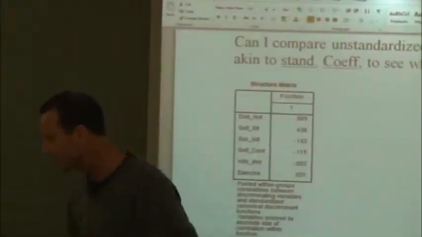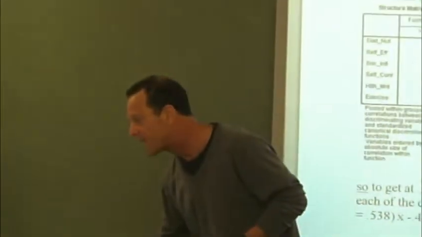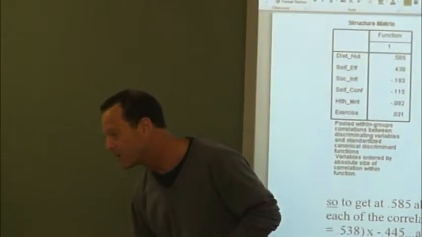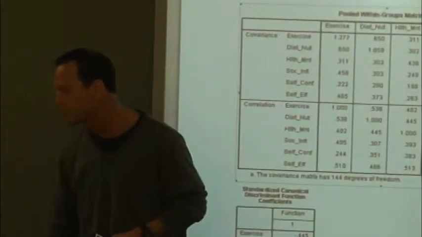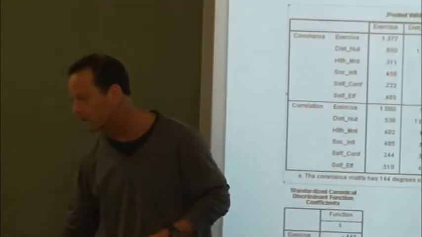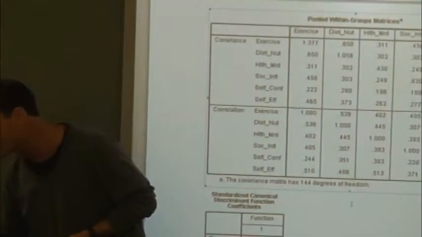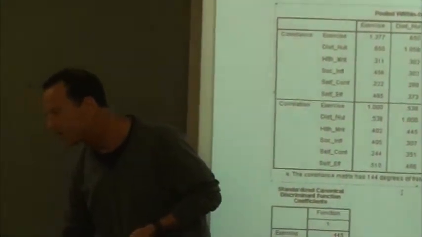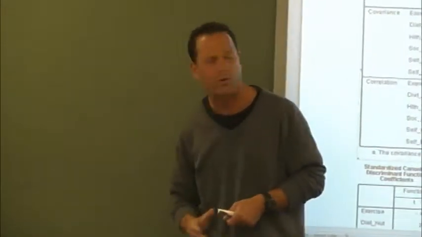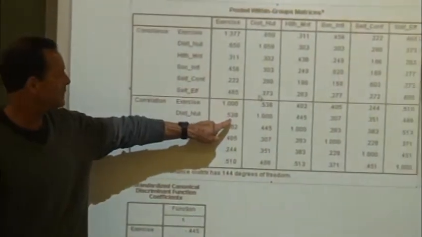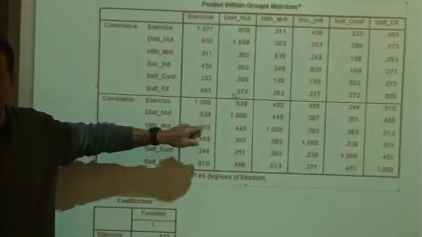What you're going to do to get at that 0.585 is multiply each of the correlations below. You see the correlations? You see this thing called pooled within groups matrix. You're pooling the groups together, and diet and exercise has a correlation of 0.538. Does everybody see that diet and exercise is 0.538?